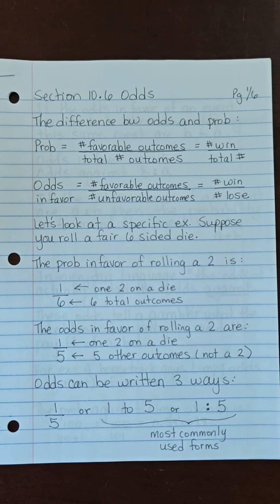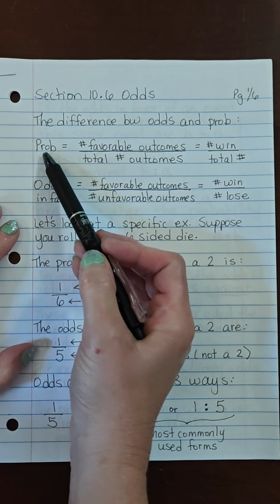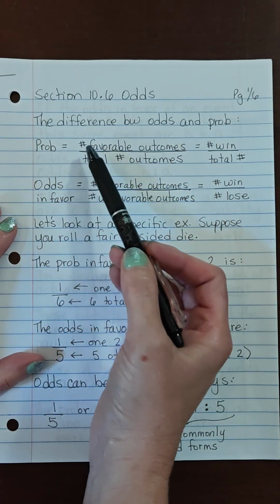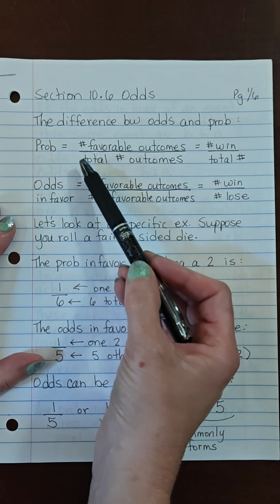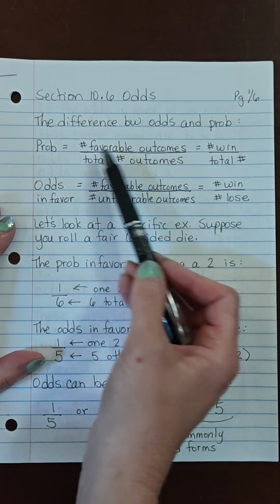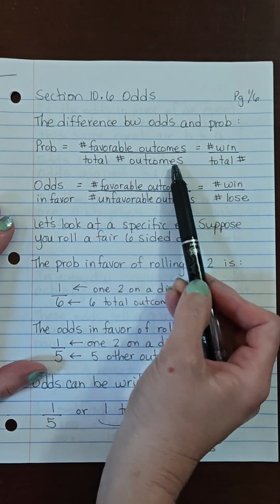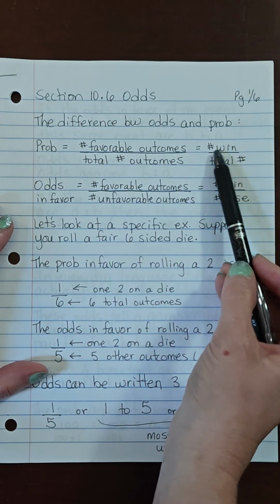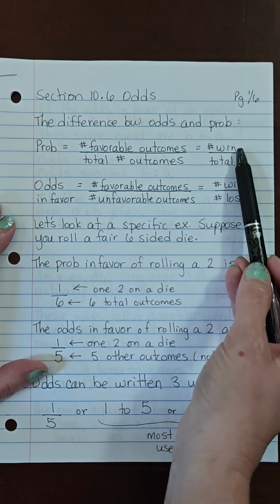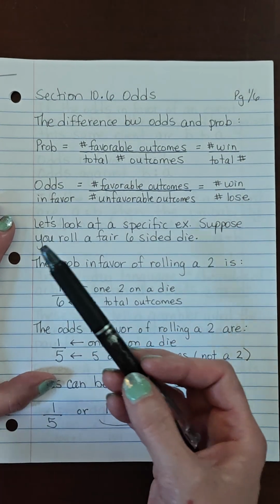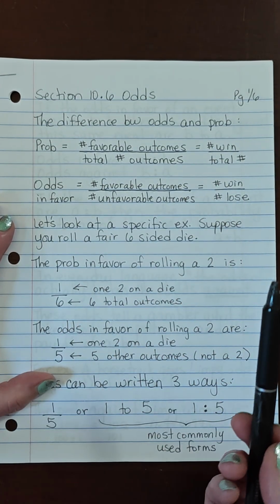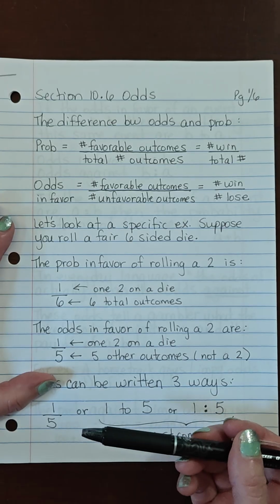Writing that out, probability is written as the number of favorable outcomes out of the total. So it's the number of ways for something to happen out of your total. I'm just calling these favorable outcomes, because Alex uses the term favorable, unfavorable, and that's a mouthful to say over and over again.